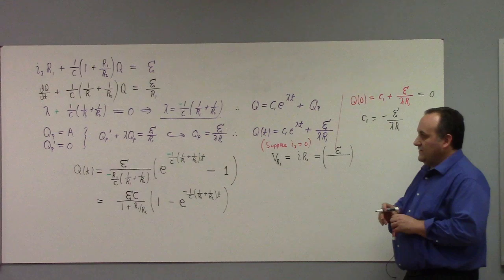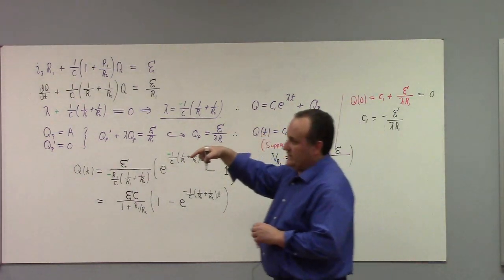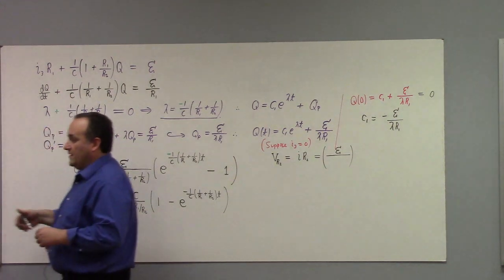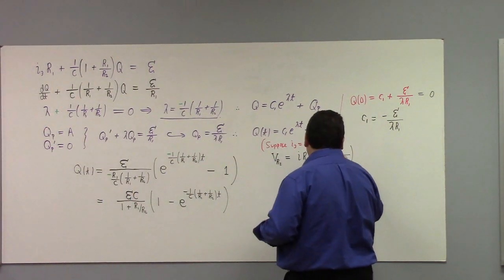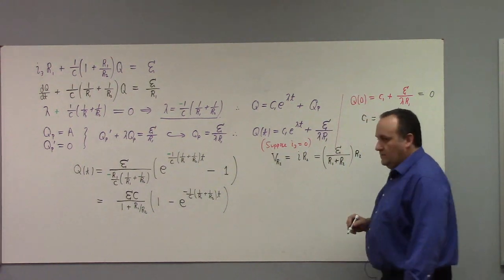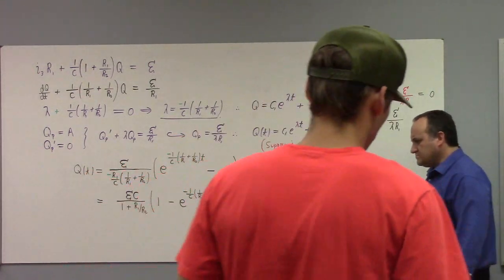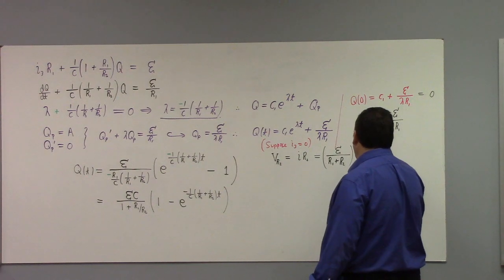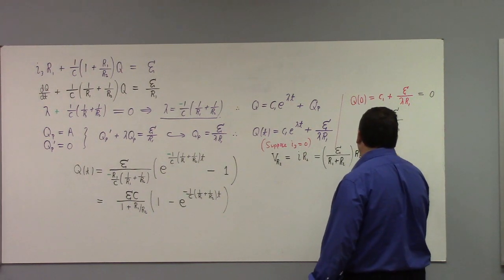But what's the current in that case? Well, we can get the current from the equivalent resistance idea. The total resistance is R1 plus R2. So E divided by R1 plus R2 should give me the current in this situation. Which would also be E over 1 plus R1 over R2, right?